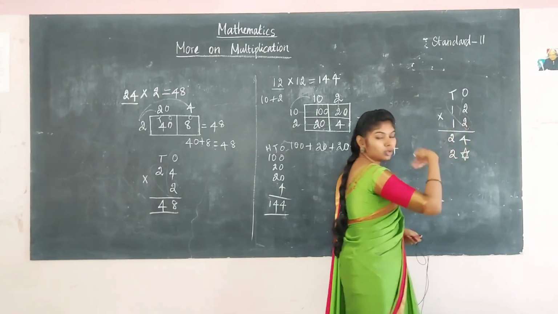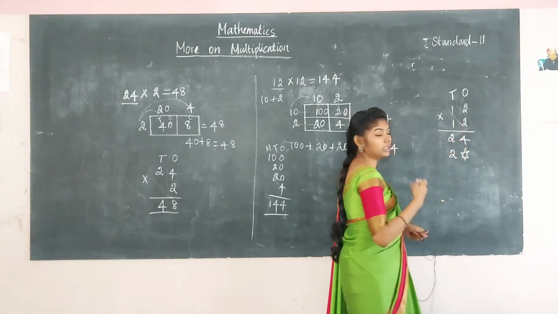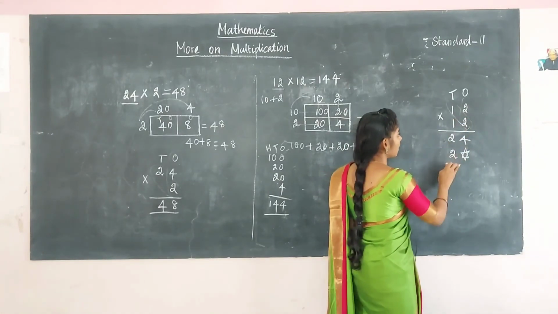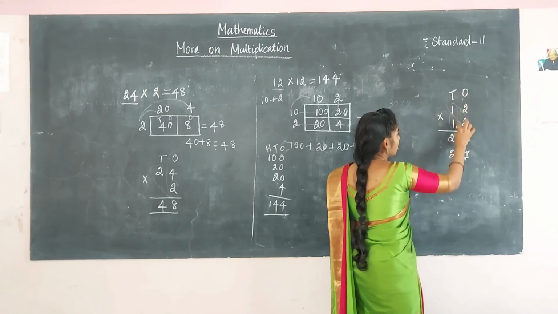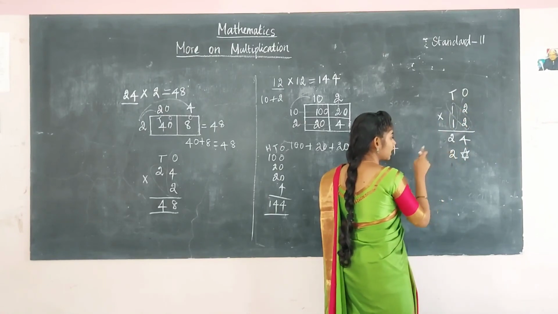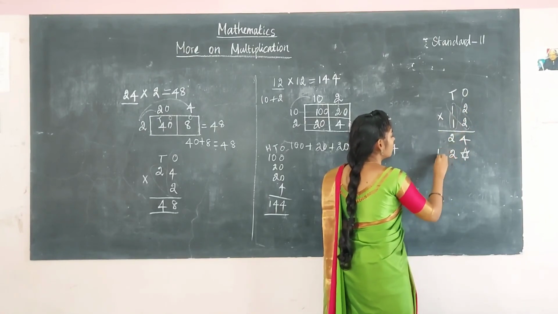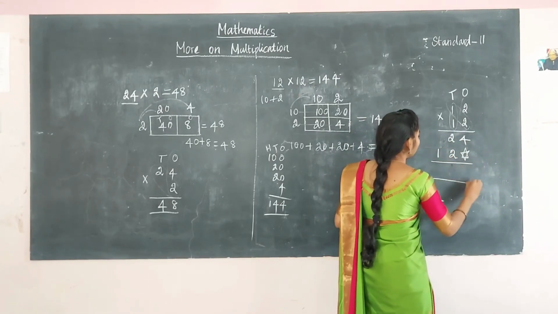First we have multiplied the ones place, now we have to multiply for the tens place. So 2 ones are 2 and then next tens and the tens. So you have to write in the next place only. 1 one is 1. So now you have to add these two numbers.